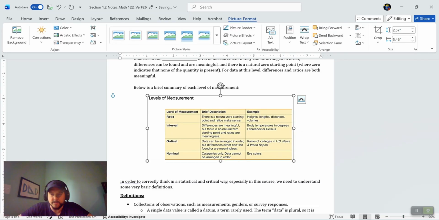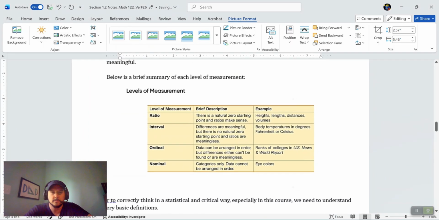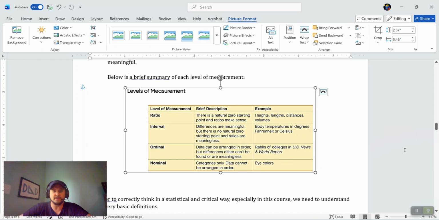All right, so let's go over this. We got ratio: there's an actual zero starting point, and ratios make sense. So such as heights, lengths, distances, volumes.